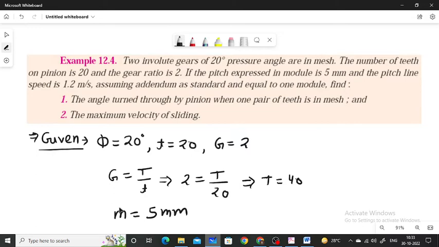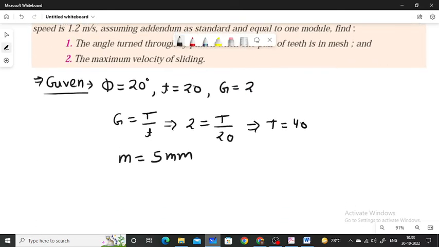Okay. Velocity, peripheral velocity, pitch line velocity will be given V1 is equal to, has been given 1.2 meter per second.